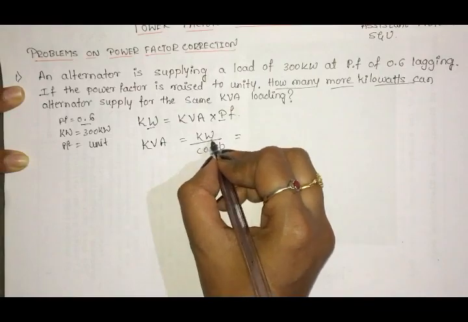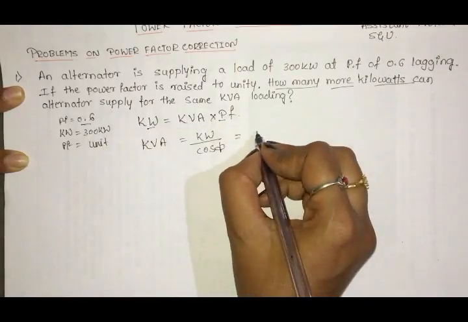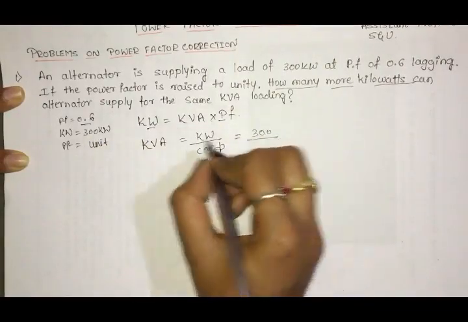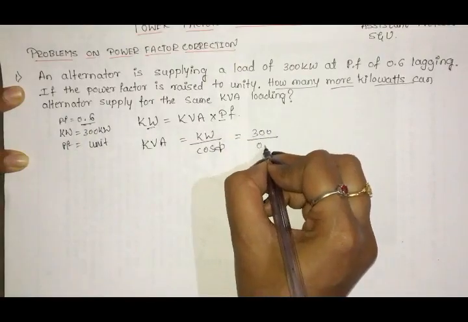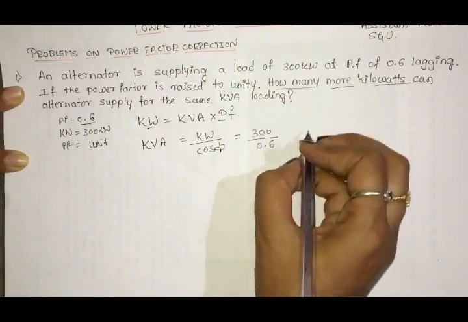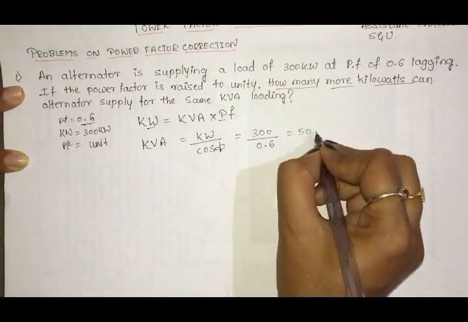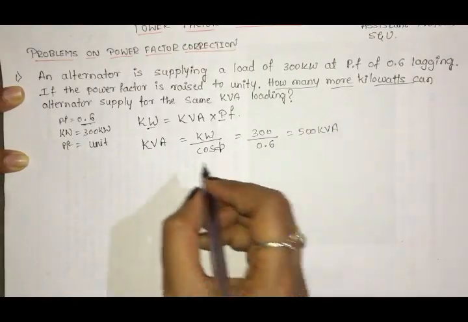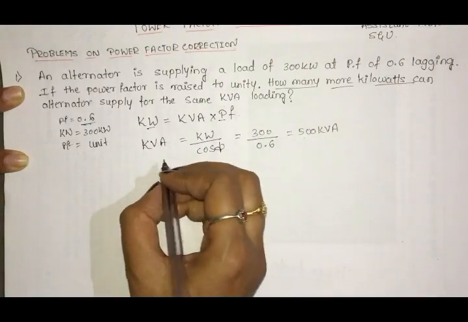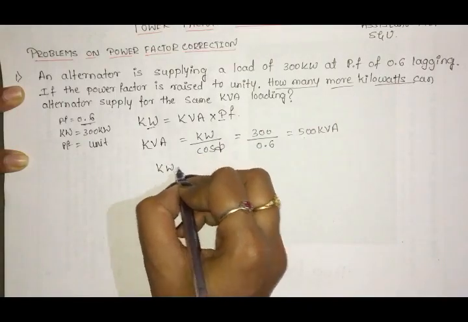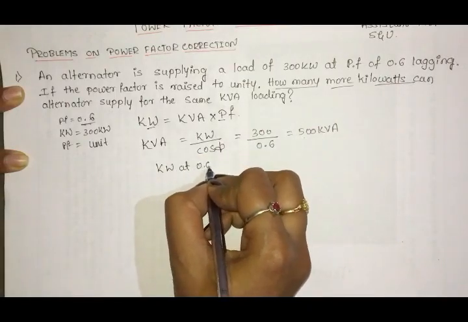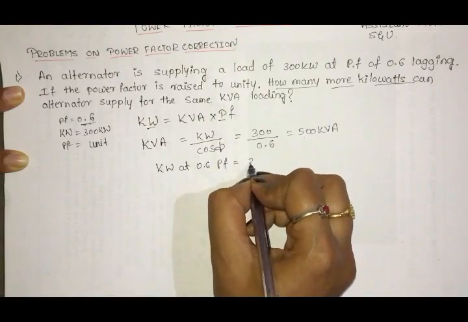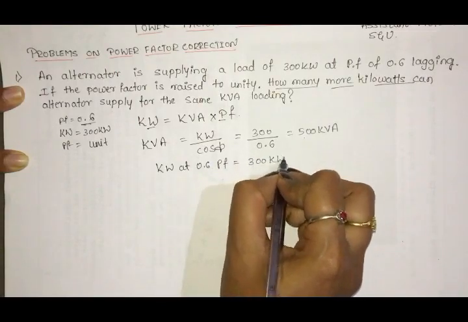The kilowatt given is 300, divided by the power factor 0.6. If you calculate this, we will get 500 kVA. So 500 kVA at 0.6 power factor gives 300 kilowatt.